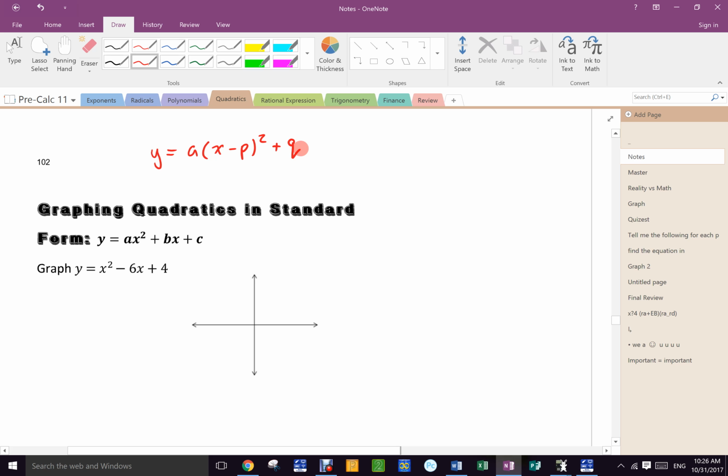Agreed? Now, if we had numbers there, it would look like this, right? Yes? Everyone agrees? Right? Now, if I expand this, what do I get?